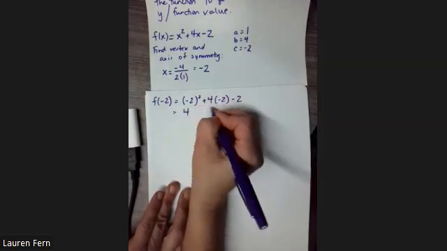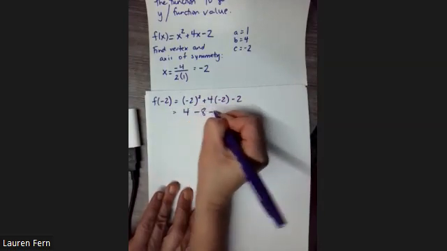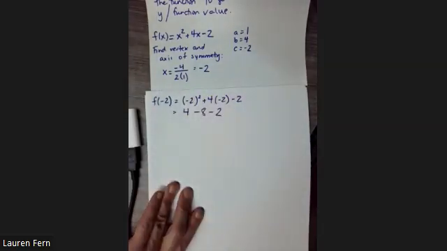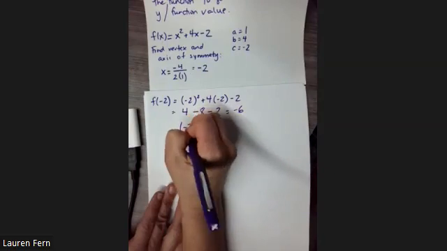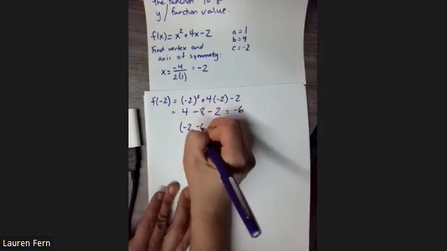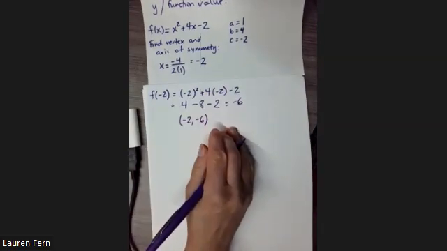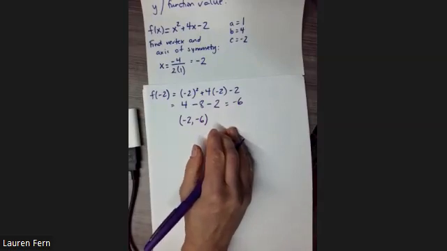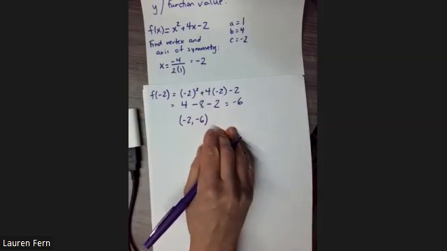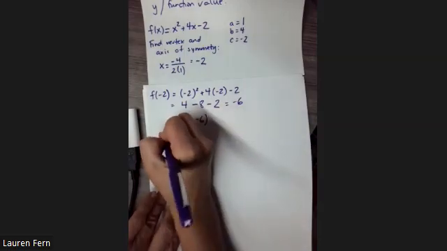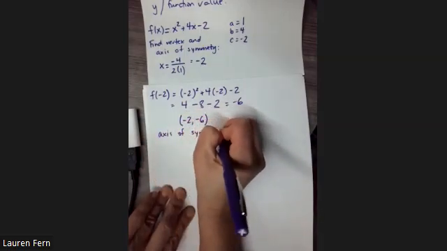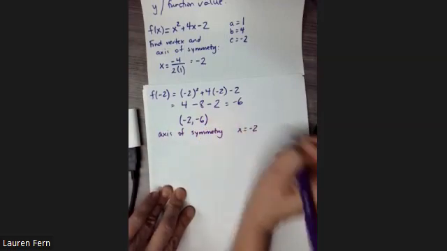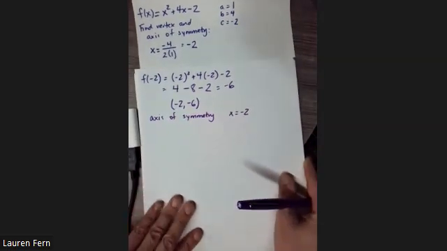By doing that, we get 4 minus 8 minus 2, which is negative 6. So my vertex here is (negative 2, negative 6). And my axis of symmetry, recall, is just the vertical line passing through that point. In other words, x equals negative 2.